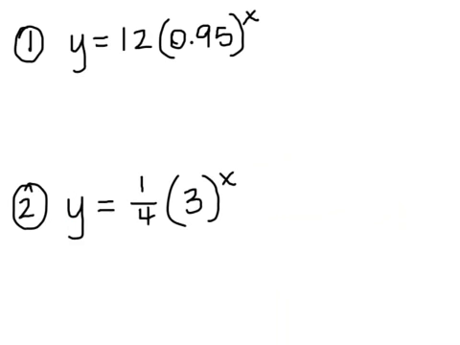So the question might be asked, look at this exponential function and say whether it's growth or decay and where its y-intercept is. And so on the first one, we can look at, first of all, a is positive, so that's good, and a is positive on the other one as well. So that meets the first qualification. The second thing is you look at what your b is, and your b is a number between 0 and 1, because 0.95 is between 0 and 1.